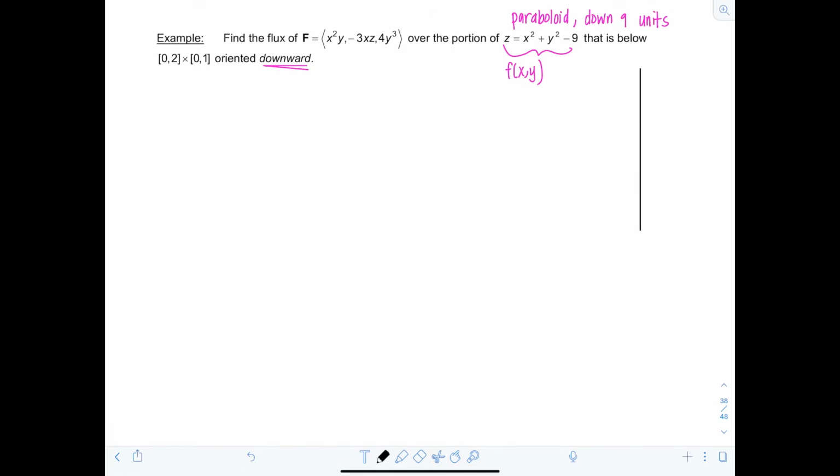So here we go. Let's graph it out and see exactly what's going on. In the xy plane, when z is 0, this is going to trace out a circle of radius 3. X-axis, y-axis, z. So 1, 2, 3.